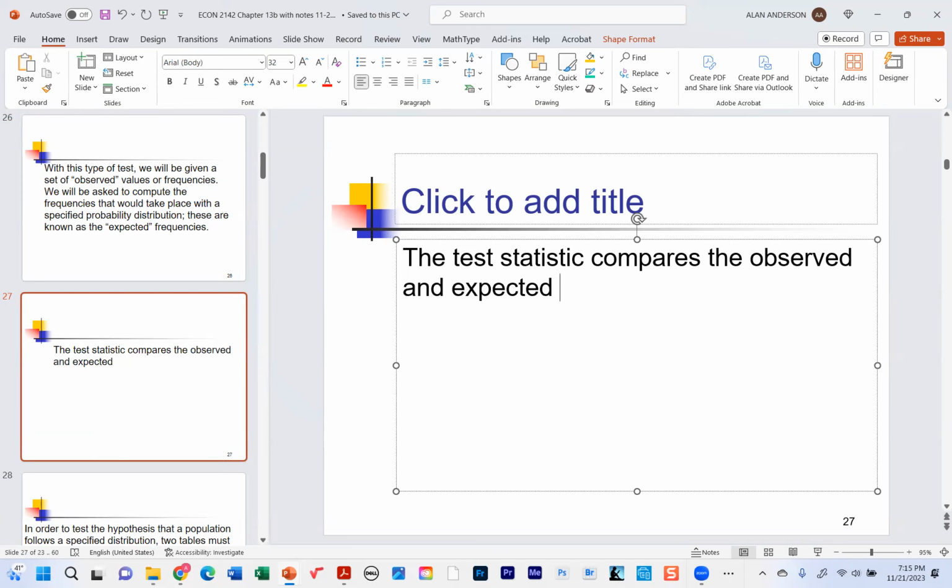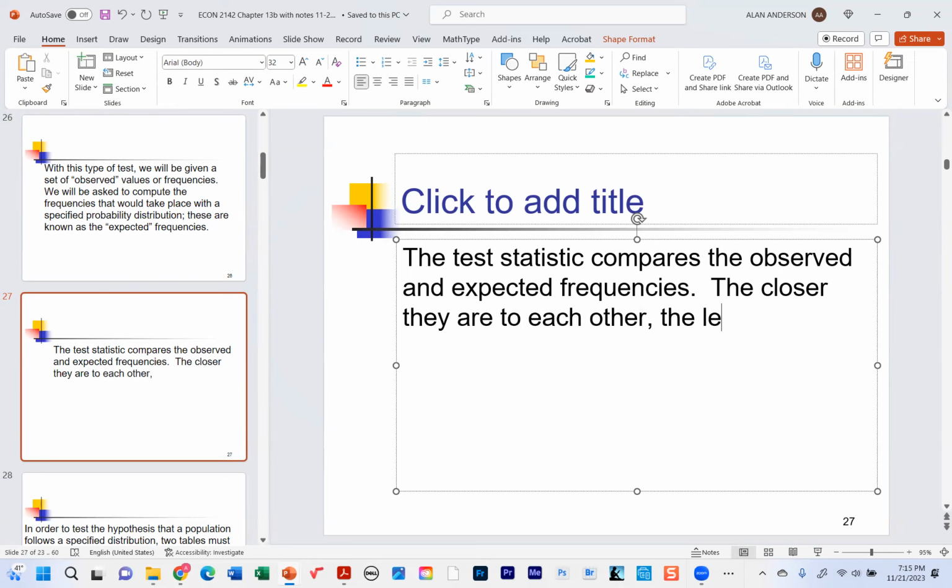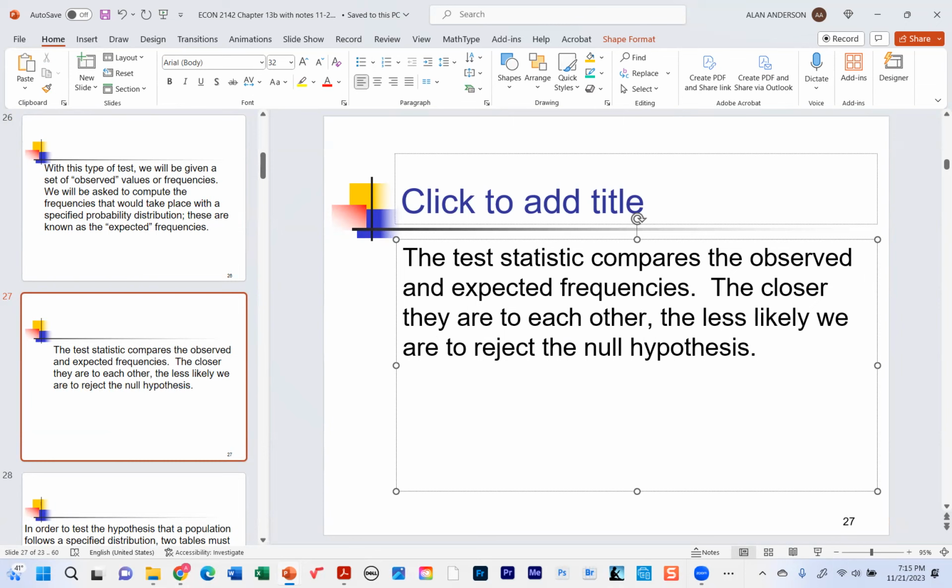It compares observed and expected frequencies. The closer they are to each other, the less likely we are to reject the null hypothesis. Okay, so that's kind of the point of all of this. We want to see how close they are to each other.